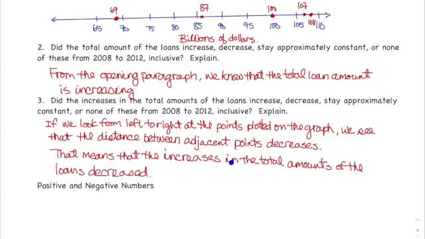That means the increase in the total amount of the loan decreases. That means the amount of money that the federal government is giving has been increasing less and less. From here it's only 7 billion, and from here to here it's only 1 billion. So the amount increases, but you only get a little bit added on to it. That's what they are saying.